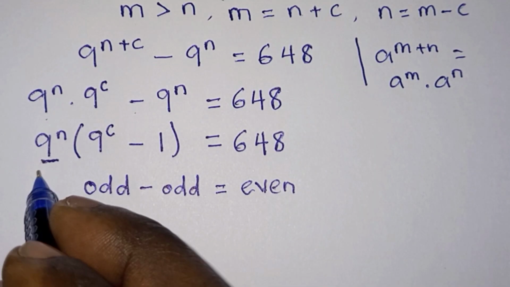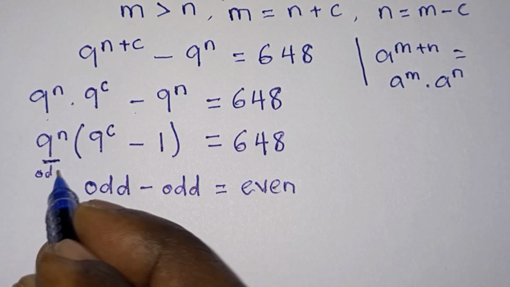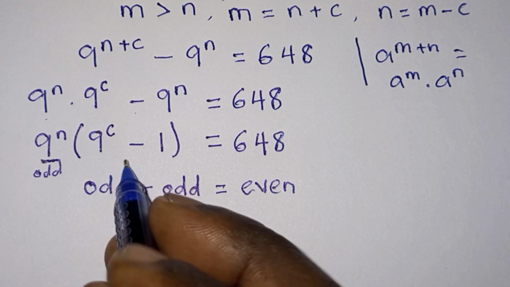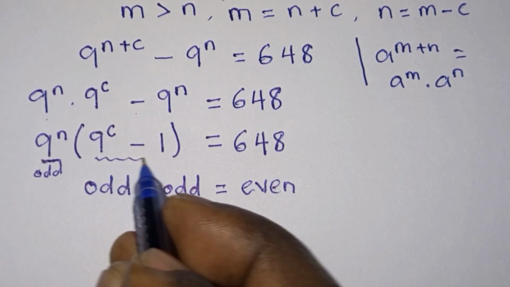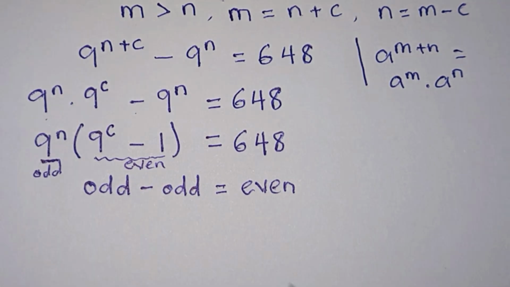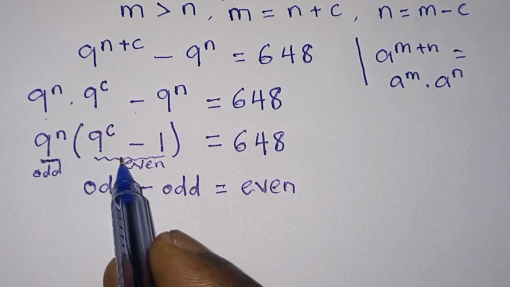So we know that this one is odd, this is also odd, but when you take odd from odd, we are going to get even. So meaning the whole of this one is an even number. So we have odd multiplying even, right?